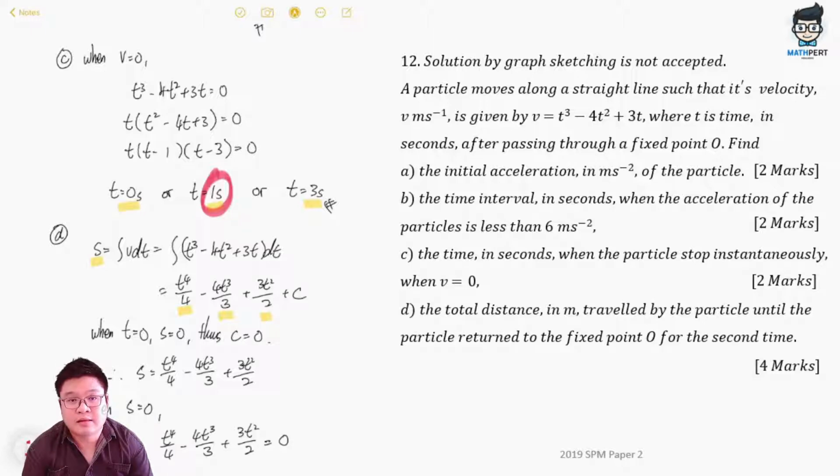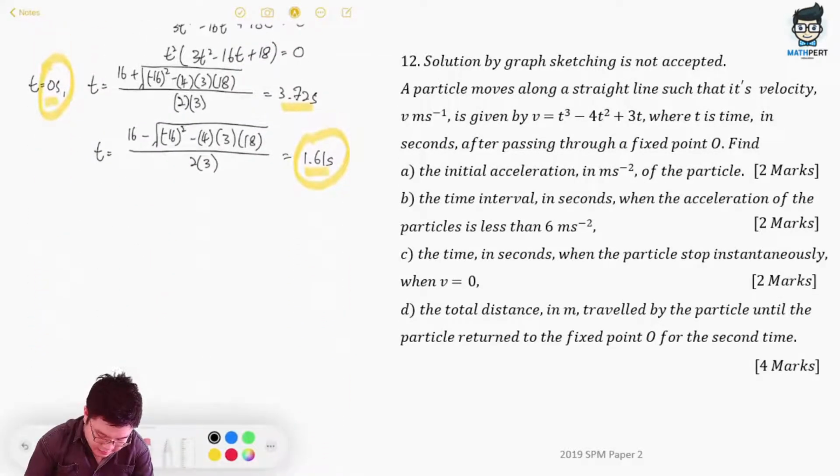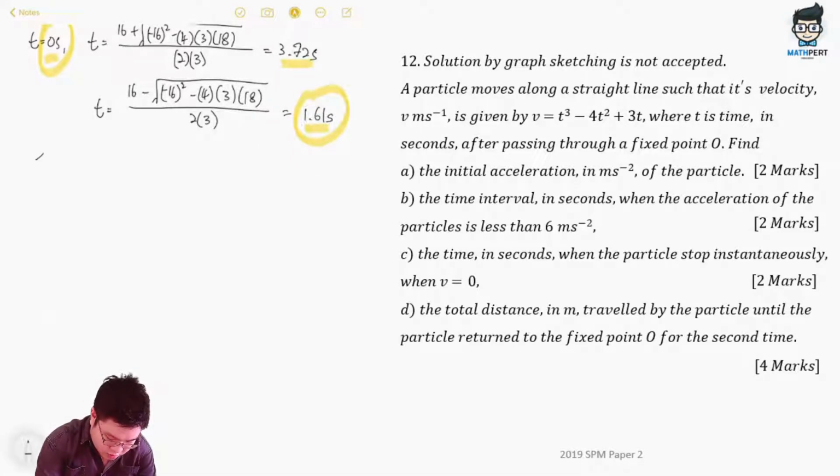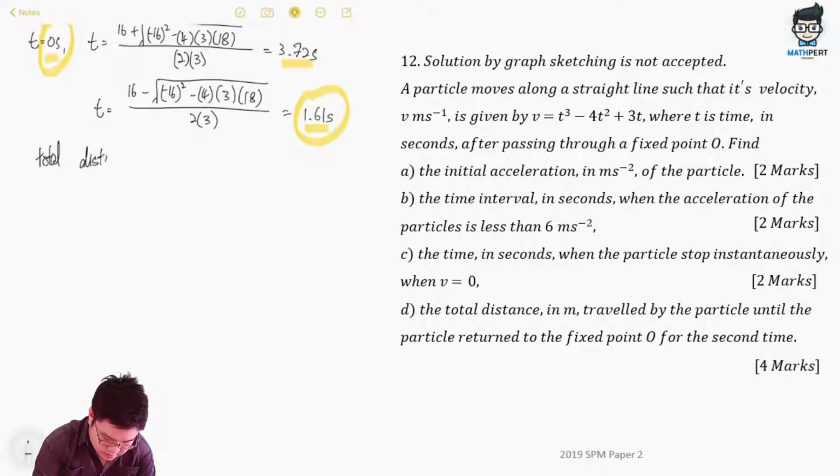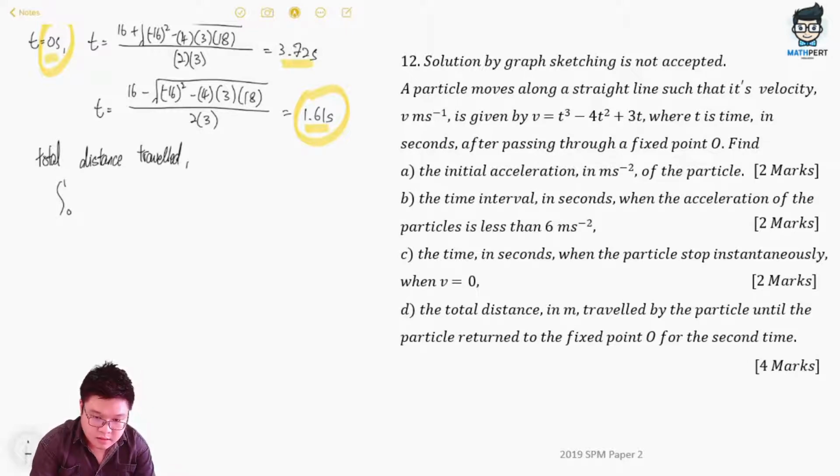At t equals 1 second, the particle changes direction. So when we integrate, we need to separate it into two parts. The total distance traveled is the integral from 0 to 1 of v dt plus the integral from 1 to 1.61 of v dt.